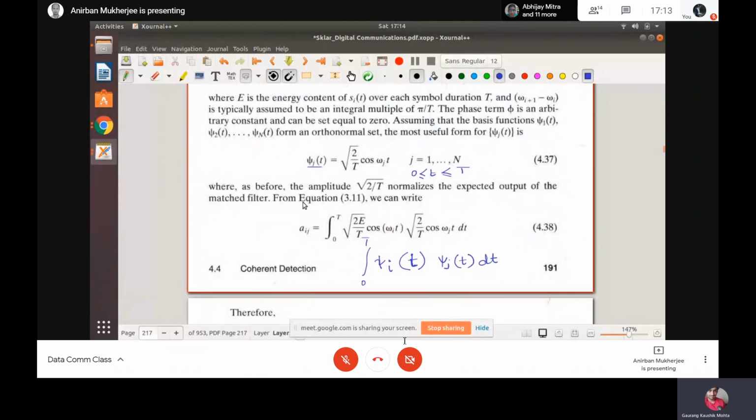For the sake of understanding, what is my S1 t, S2 t, S3 t? That was equal to what? Summation of a1j over j equal to 1 to n.